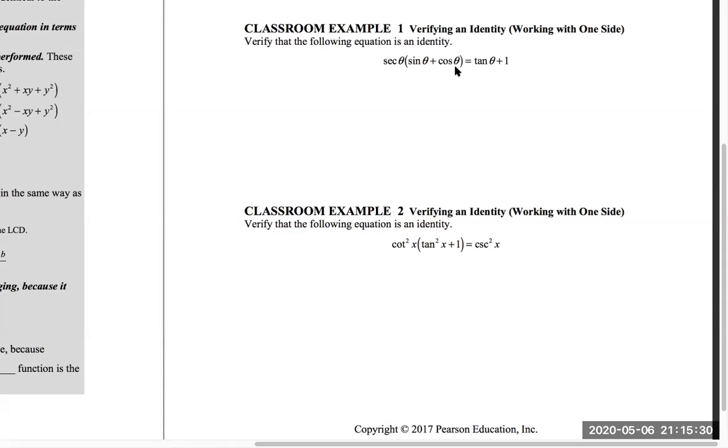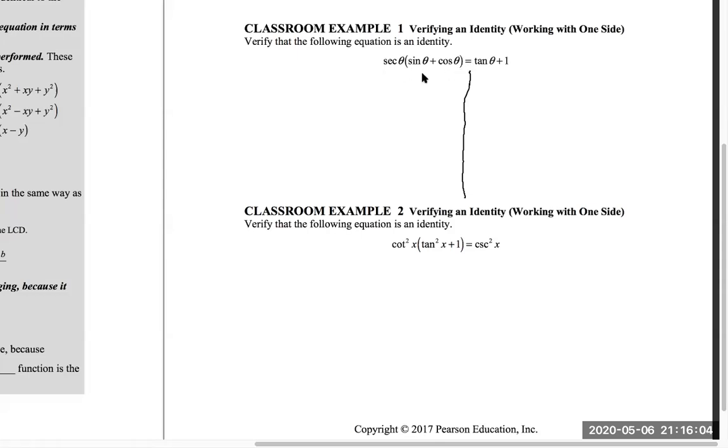Basically, you need whatever expression you get on this side to equal the expression on this side. So left side must equal right side. So for this, which side looks more complicated? Like what side looks like you can do more algebraic manipulation on it?